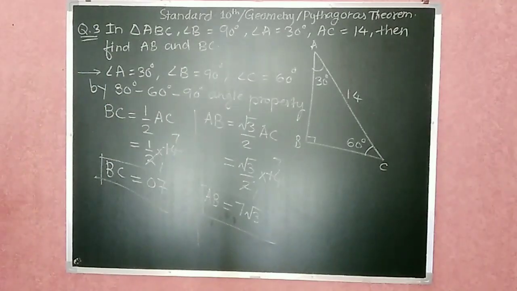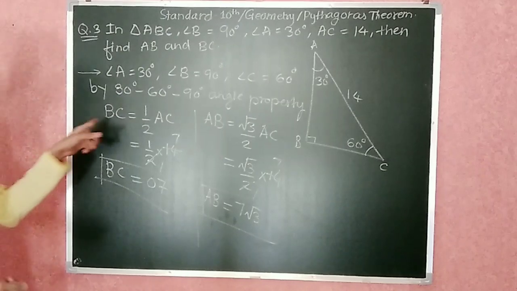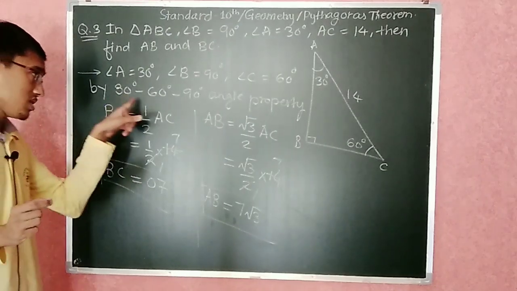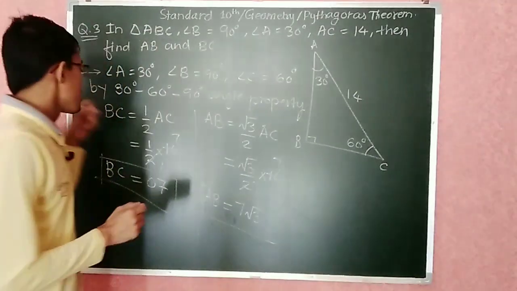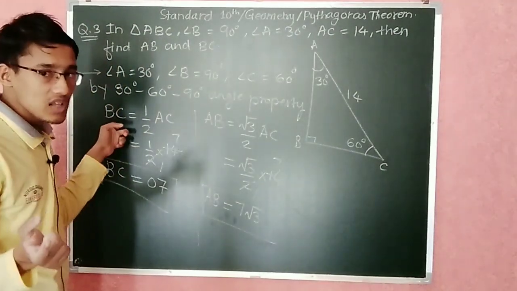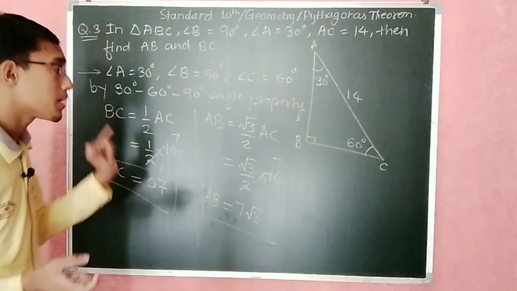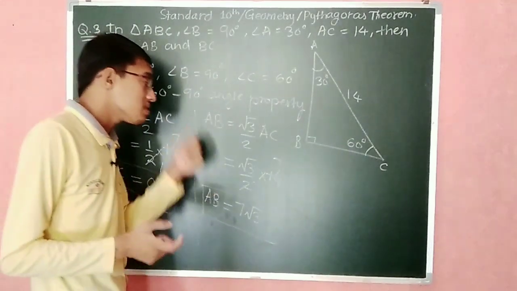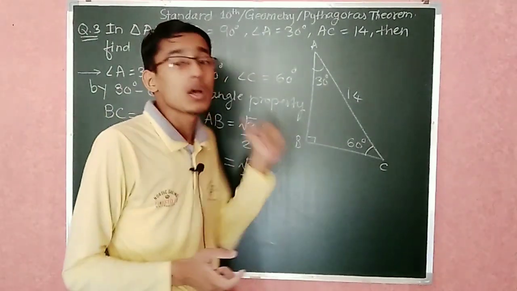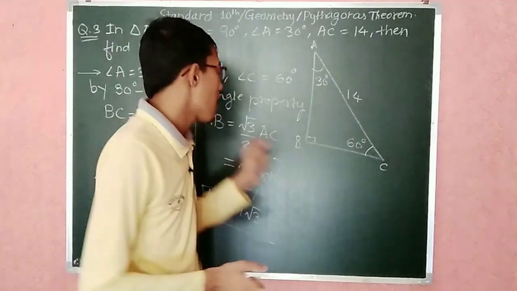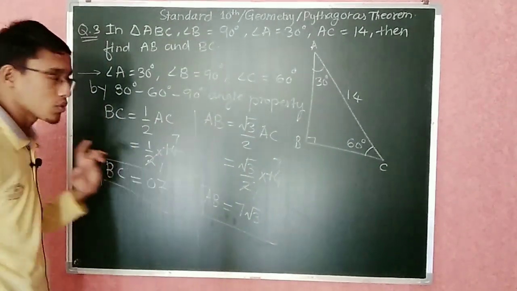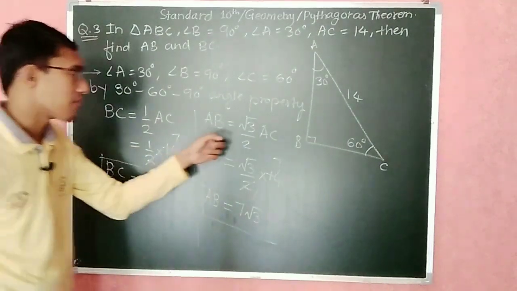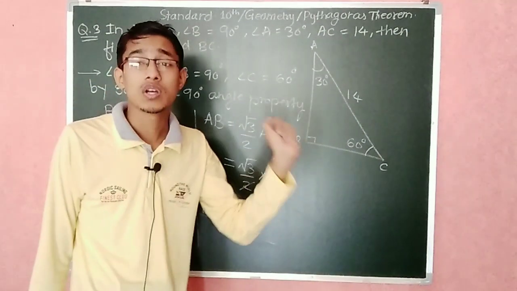Now we have to remember that in a 30, 60, 90 degree triangle, the side opposite to 30 degrees is half the hypotenuse, and the side opposite to 60 degrees is root 3 by 2 times the hypotenuse. We can write down the reason for this equation, side opposite to 30 degrees, and for that equation, side opposite to 60 degrees.